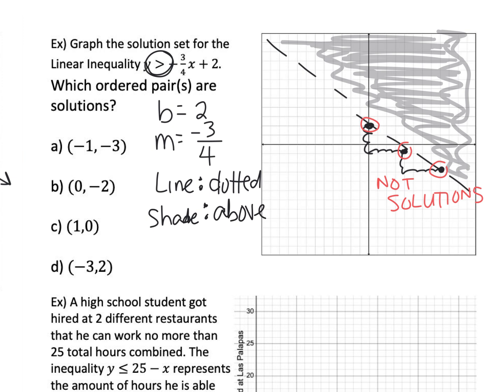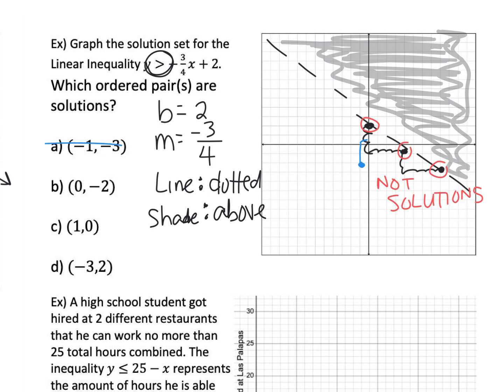And we're going to look at that. So we need to graph these 4 points, and we're going to see if any of these fall in our shaded region, and if they do, they are solutions. So -1, so we're going to go left 1 and down 3. Is this a solution? No, it is not.